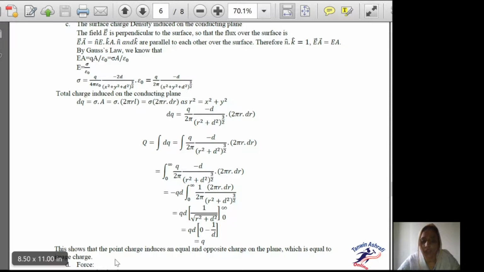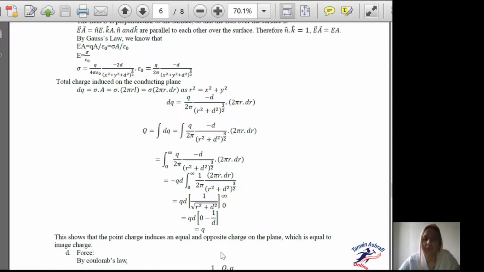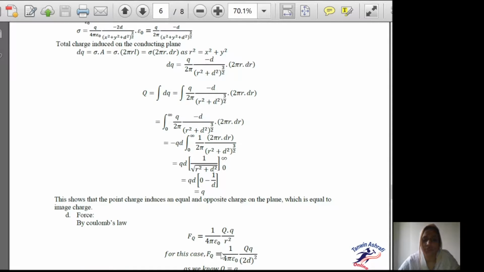This shows that the point charge induces an equal and opposite charge on the plane, which is equal to the imaginary charge. Now, when we have to find the force, we know Coulomb's law. Coulomb's law says that force is equal to 1 upon 4 pi epsilon naught, q test charge into capital Q divided by R square.